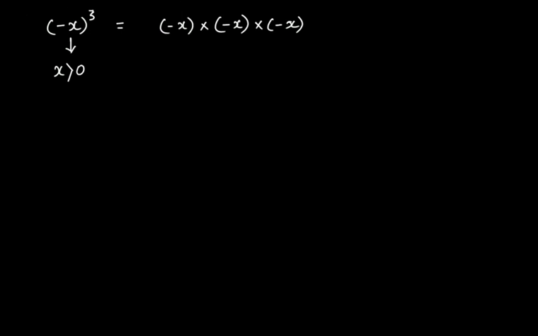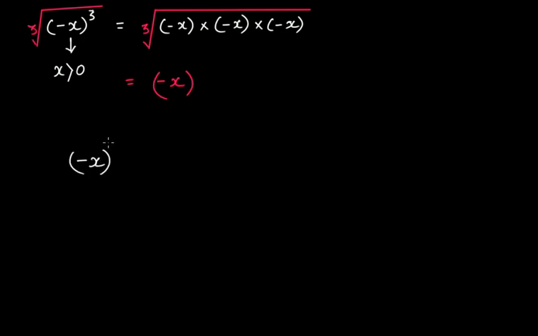So taking its cube root will give you -x. Remember, whether it is -x cubed or (-x) cubed, both mean the same thing, right? You will get the same answer for this one.